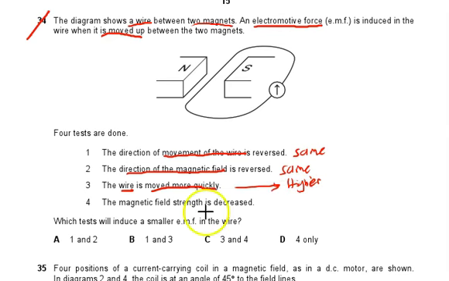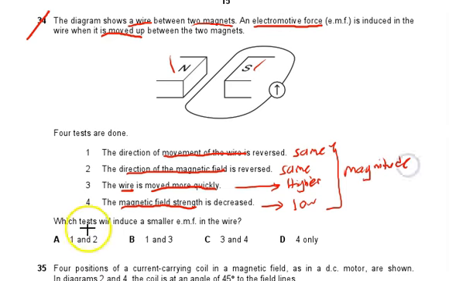Then the magnetic field strength is decreased, which means the strength of the magnet is reduced, so you can say lower magnitude. All this stands for magnitude. So which test will induce a smaller EMF, smaller magnitude, in the wire? So your answer is D.